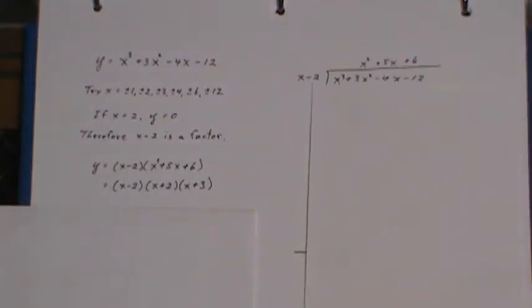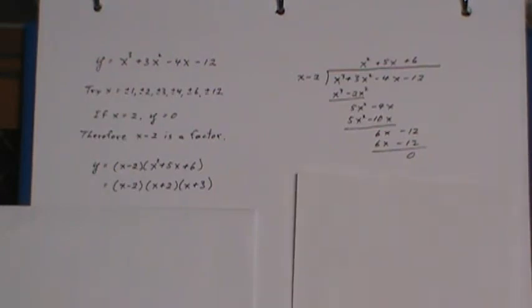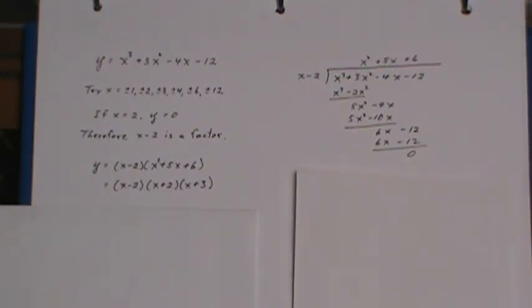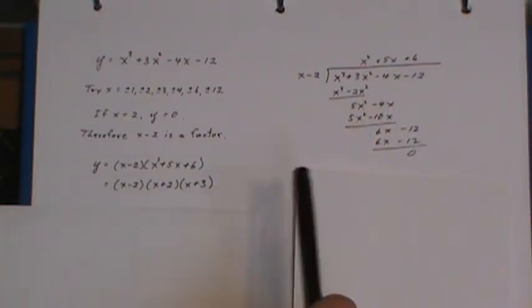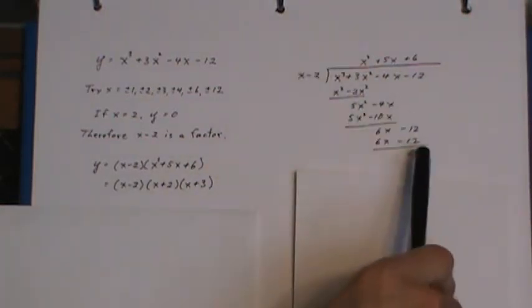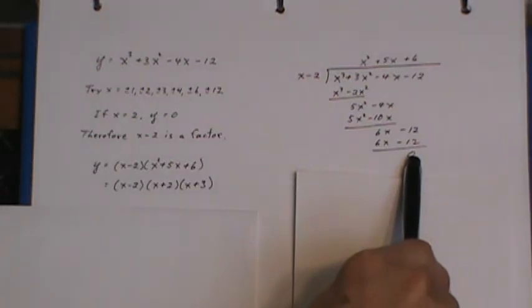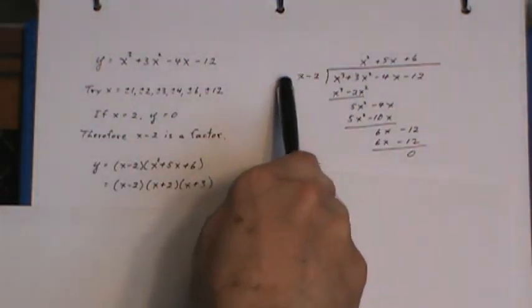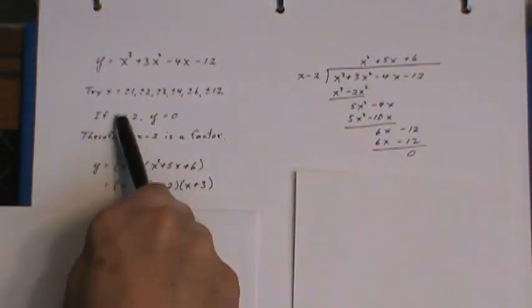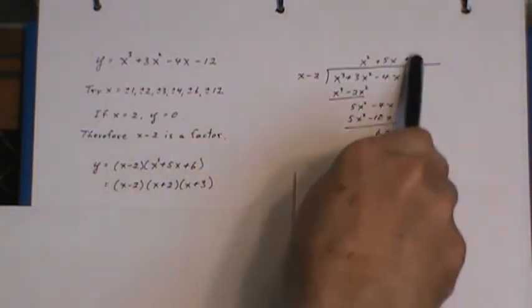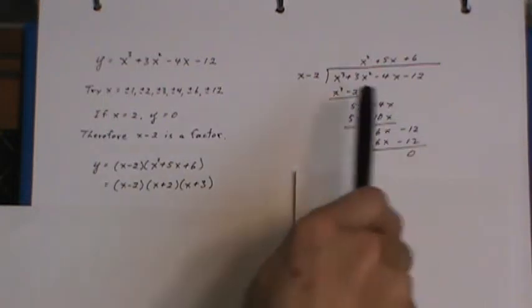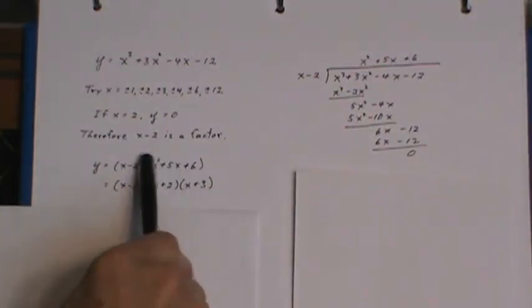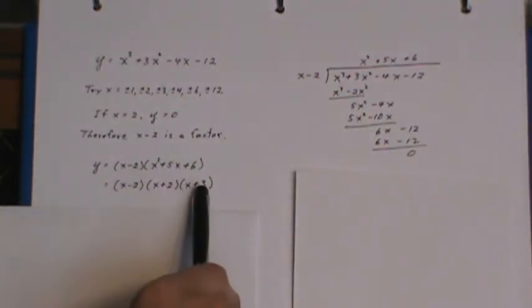Now, that's another story in itself. You have to be aware of how to do the division. The one thing you have to make sure of is that you get a 0 for the remainder. After all, this is guaranteed to be a factor. If 2 makes it 0, that is a factor, and when you do the division here, the remainder should be 0. And when you factor the quadratic, you get the other two zeros.